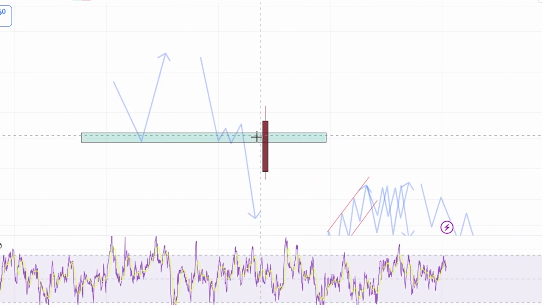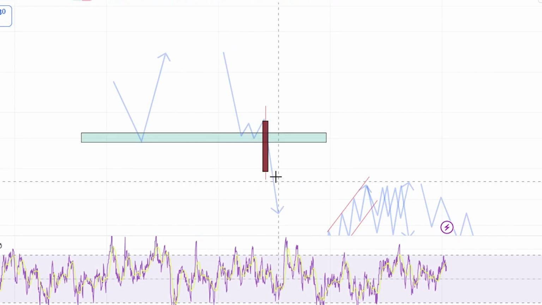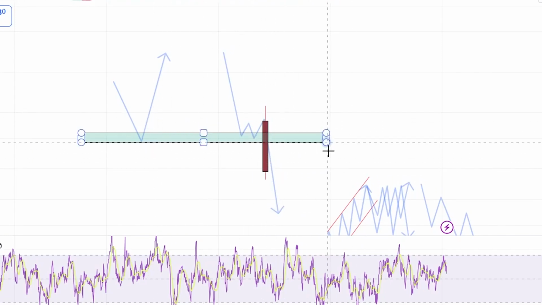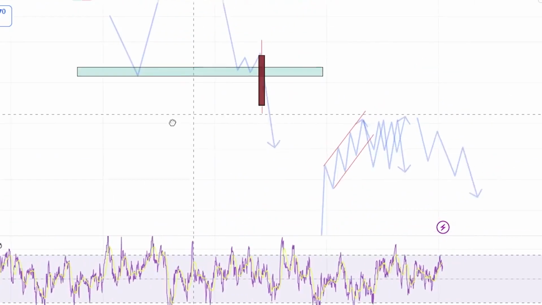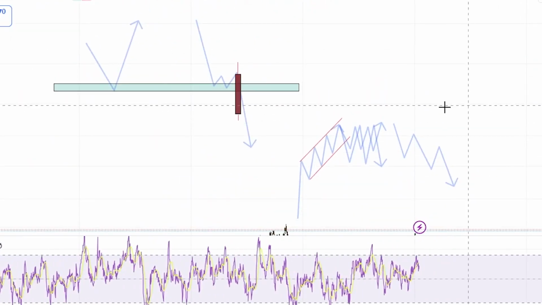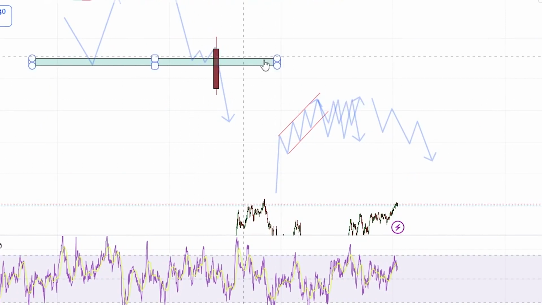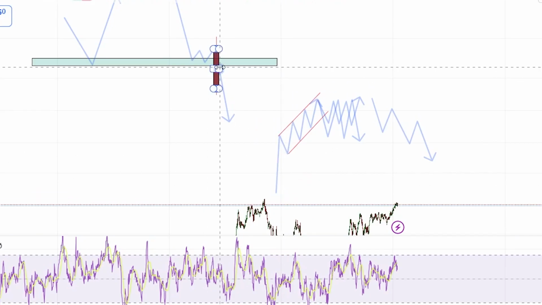So if I move this here, this candle is formed in this move, and we can see the strong breakout of this zone. So let's see some examples. This breakout is a spike. So this spike is a kind of breakout.